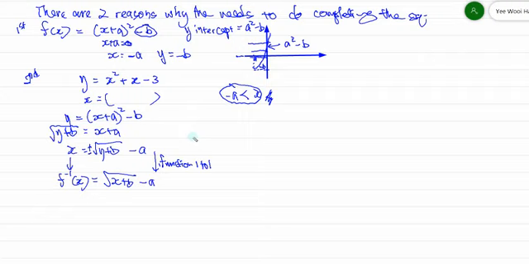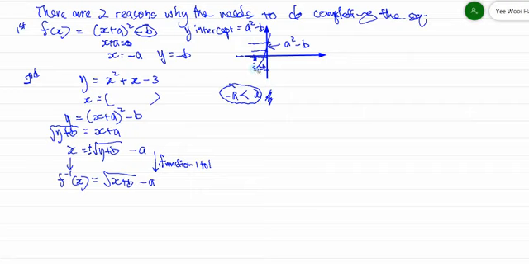Now let's go and look at, wait, I missed out something. Okay, y equal to minus b is the coordinate of the turning point, can be maximum or minimum, but it carries a bigger meaning than that.